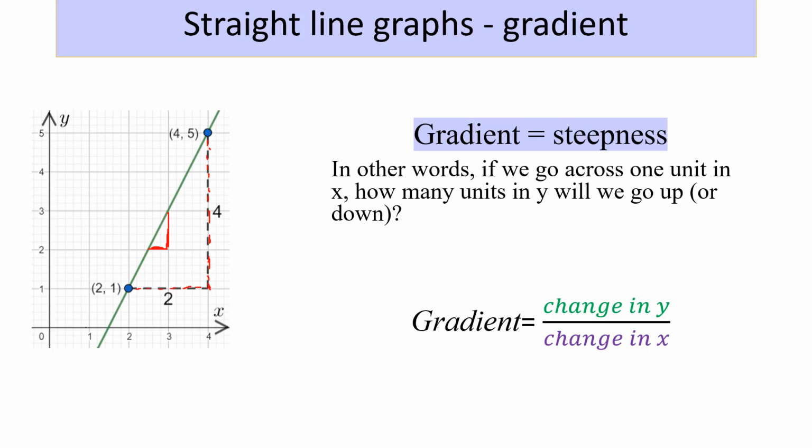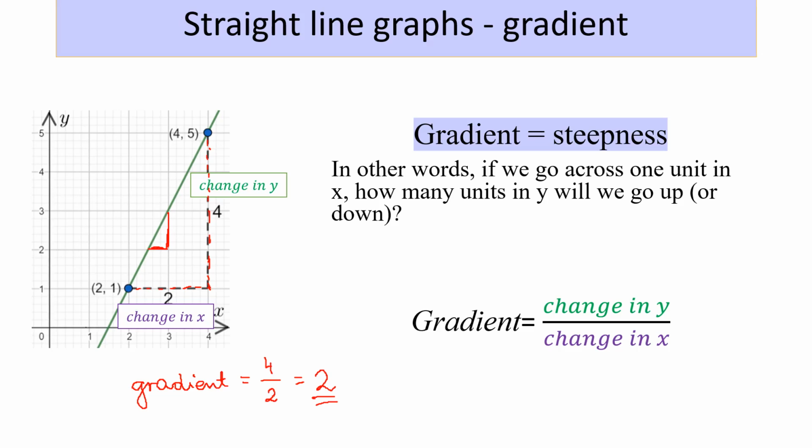So 4 is my change in y, and 2 is my change in x. To find gradient, I need to divide the change in y, which is 4, by change in x, which is 2, and the gradient is 2. What that means is for every unit I go across, I need to go 2 units up.